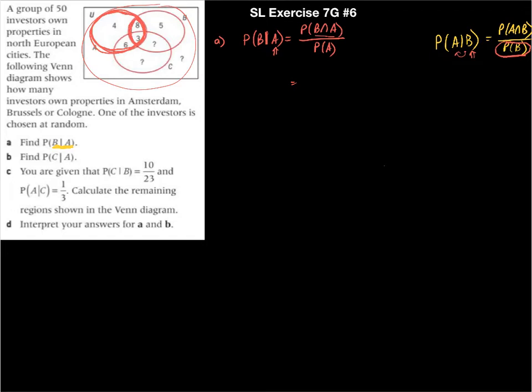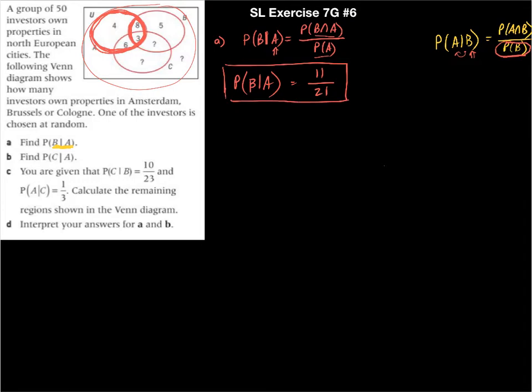That's my B and A. So that's 8 plus 3, which is 11. And then the probability of A goes on the bottom, or the number of things in A, which is just the total of things that are here. So 11 plus 10 is 21. And so there we go. That's our probability of B given A, and that fraction right there is perfectly acceptable as that probability.